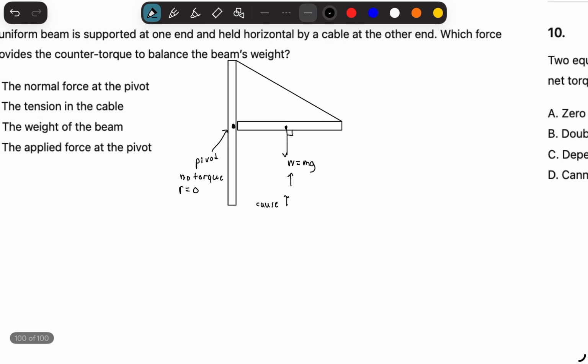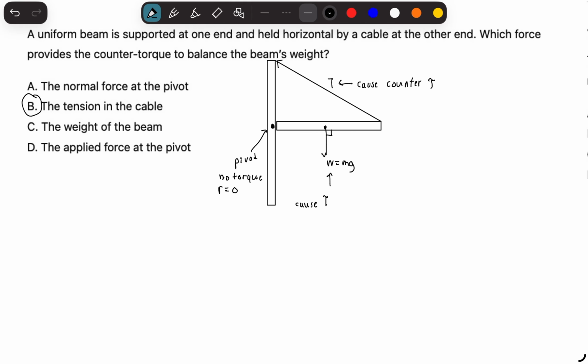So weight causes torque. Your cable tension, T, is going to cause your counter torque. So your answer is B.